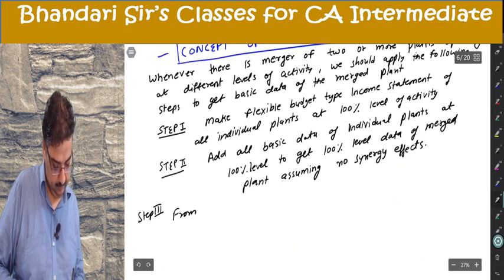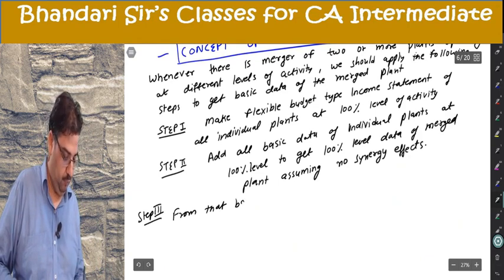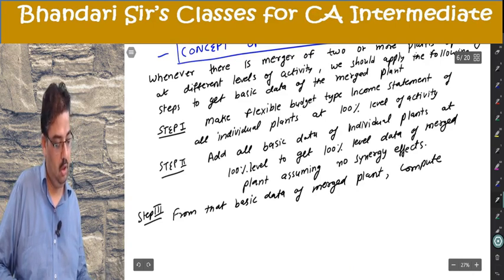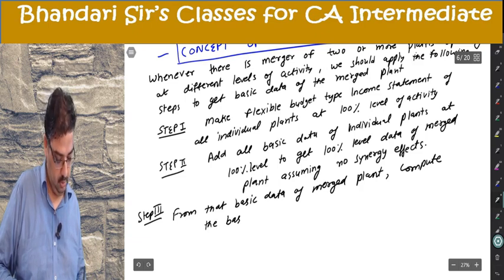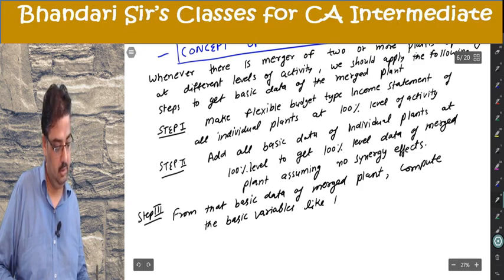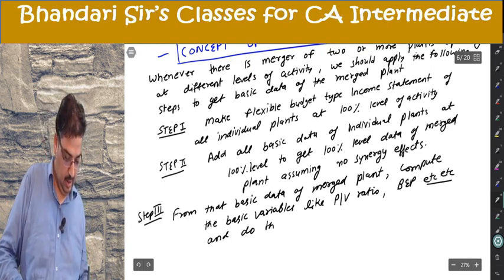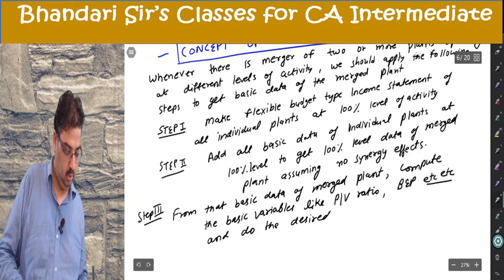Step 3. From that basic data of merged plant, compute the basic variables like PV ratio, break-even point, etc., and do the desired analysis.